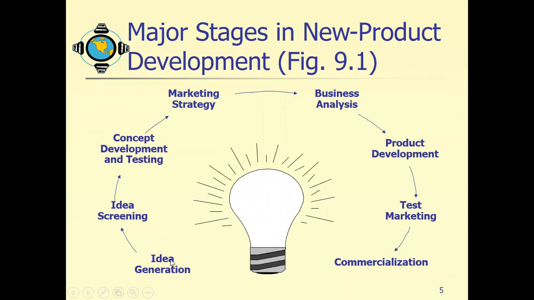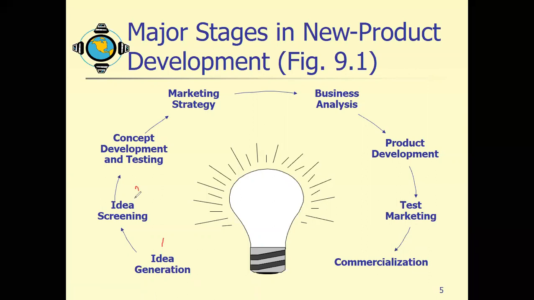First, you have to start with idea generation. Secondly, you have to go for idea screening. Thirdly, you have to develop concepts. And fourth, the marketing strategy. Then you have to go for business analysis. Fifth, you develop your product.